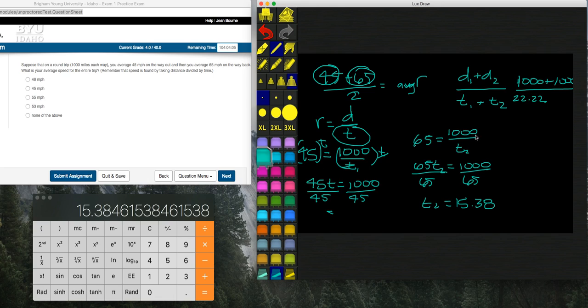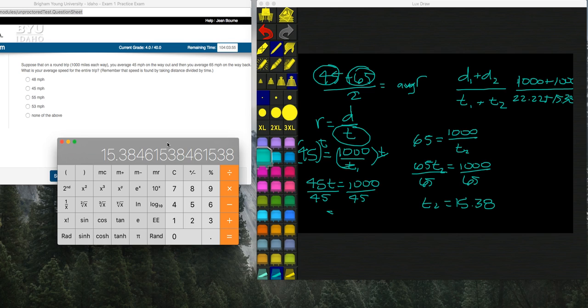Okay, so then I'm going to add that down here too. All right, I didn't leave myself very much room there, did I? All right, so now I'm going to just use my calculator and figure those out. If I add the top together, I'm going to get 2,000 divided by 22.22 plus 15.38.